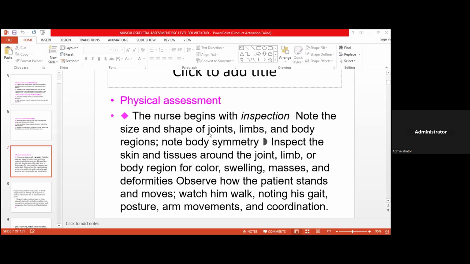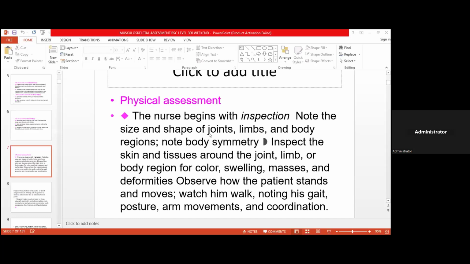So, I was on my point of explaining physical examination or assessment of the patient. When the nurse is doing this, the first phase of physical assessment starts with inspection. With inspection, you are inspecting the size and the shape of the joint. Is the joint swelling?